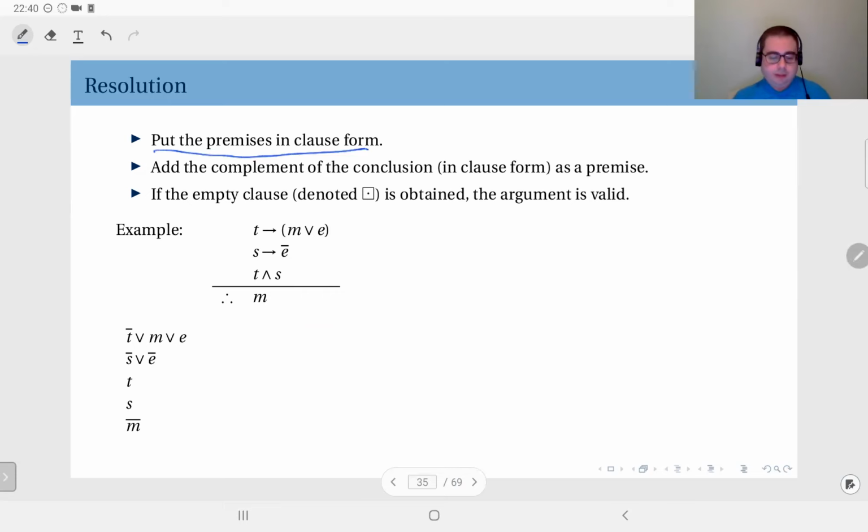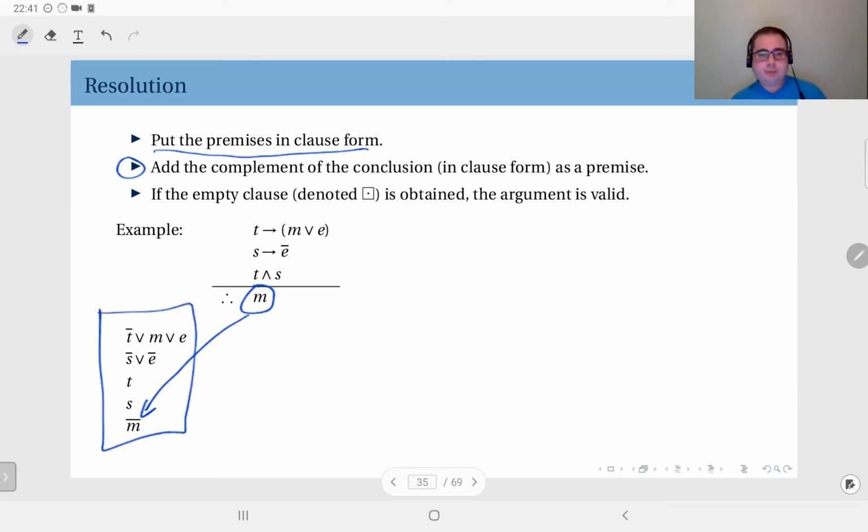Okay. Now the second item here is what I was talking about just now. We usually do not start with only the premises and try to end up with the intended conclusion. What we do is we negate the conclusion, okay, and include that as a new premise, okay? So you now have a new set of premises.